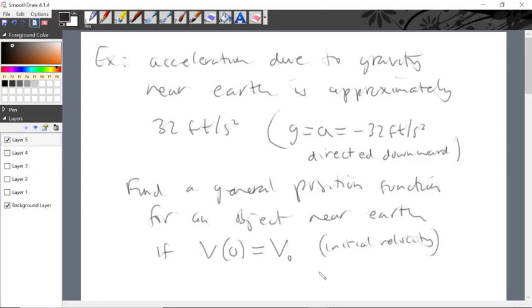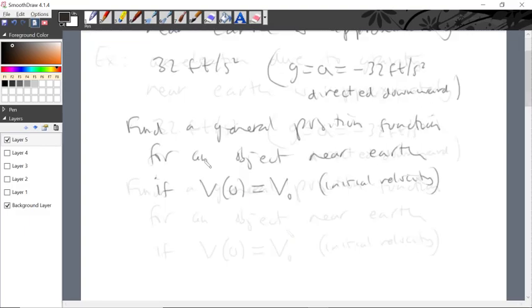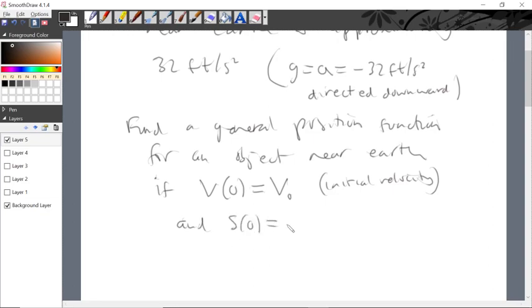So it could be the velocity when we initially observed the object moving. It could be the velocity of the object as it was hurled. And let's say that the initial position, s of 0, is equal to s0. That's the initial position. Okay, as another example, if it was an initial height, we could say h of 0 is equal to h0, if it was a height function.